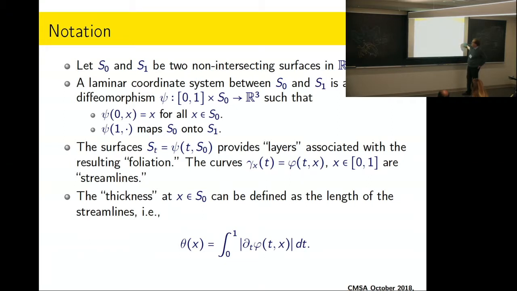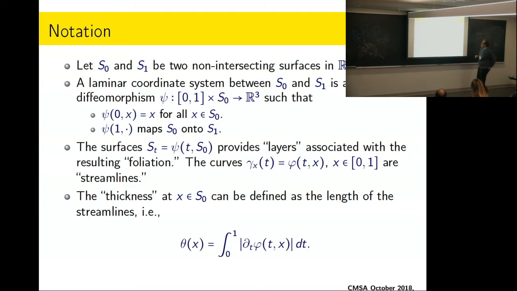So when we fix t, we will have this surface, t equals t0, say, fixed. So we will have an intermediate surface that we will interpret as some definition of a layer between the surfaces.